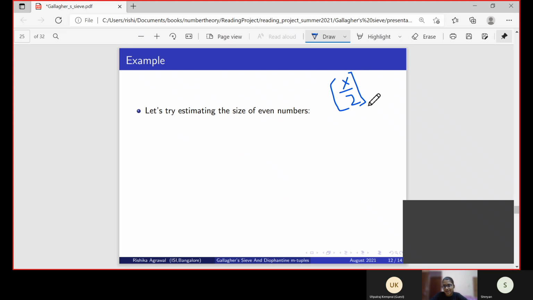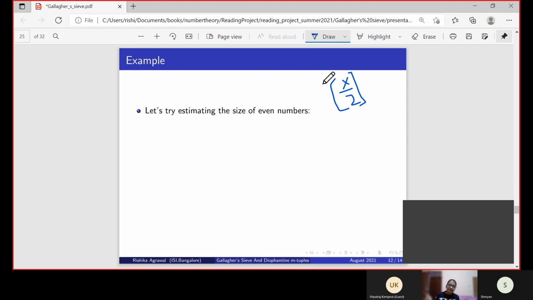So this sign is of greatest integer. We are all aware of the size of the set, so we are just trying to estimate this set so that we can check if our sieve is working correctly or not.